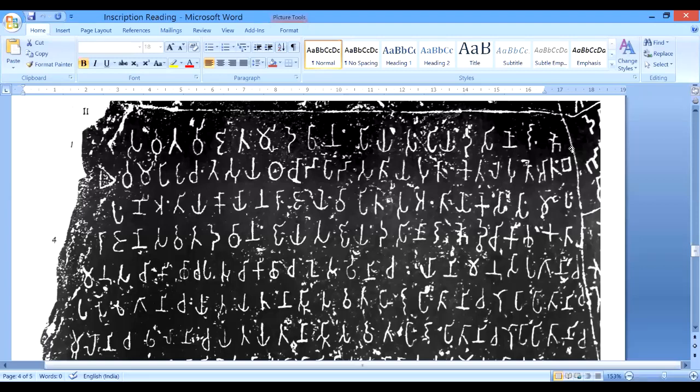Okay, the question about the conjuncts. If you look at the way of writing conjuncts, there is a vertical way and a horizontal way.